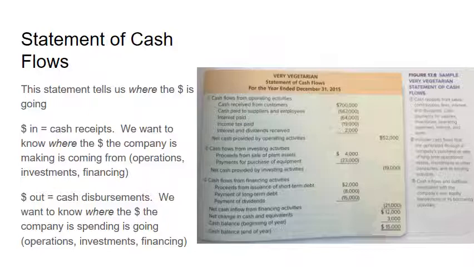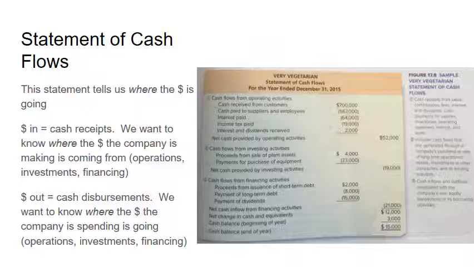Operating activities would be money coming in from tuition, from students attending the actual college. And then another area where money can come in is financing. If you're a car dealer and you're selling cars, most people are going to finance that car. They can't just pay for it with cash. So you might be making money off of financing activities as well, lending your customers money, if you will.